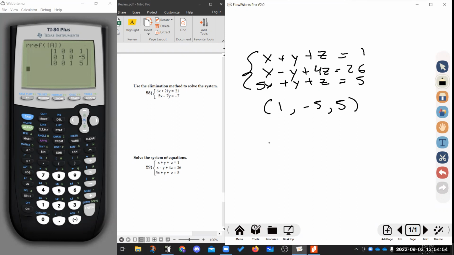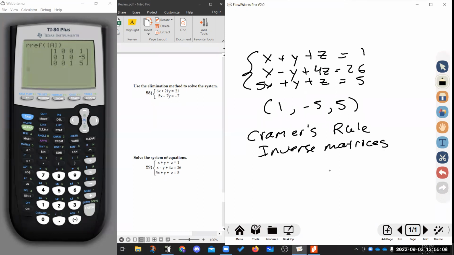There's some other ways that I could solve this. You might want to look up Cramer's rule. I might want to solve it using inverse matrices or matrix equations. I might want to just do it with elementary row operations.